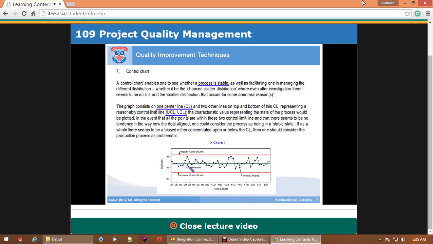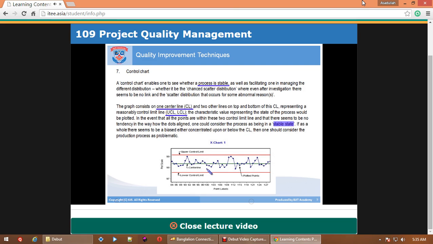In case these values are within the upper control limit and lower control limit, and there is no tendency in the way the dots are aligned, one could consider the process as being in a stable state.